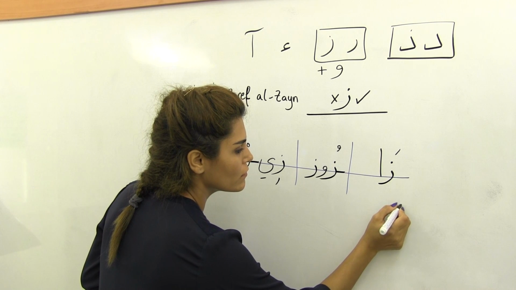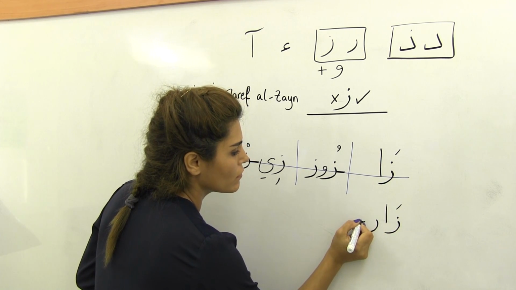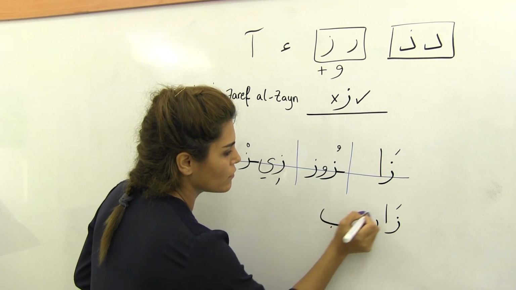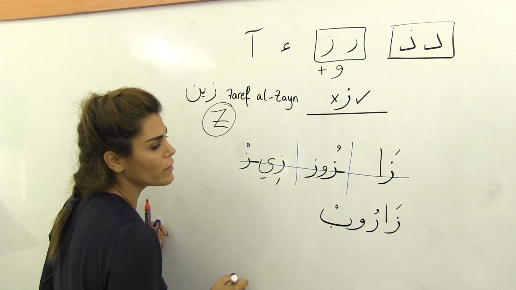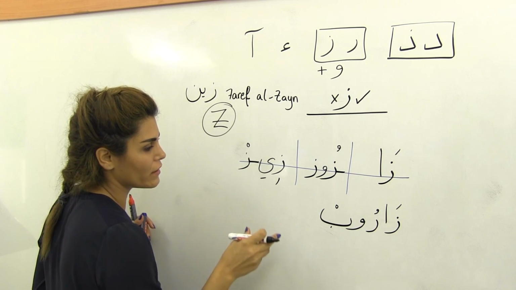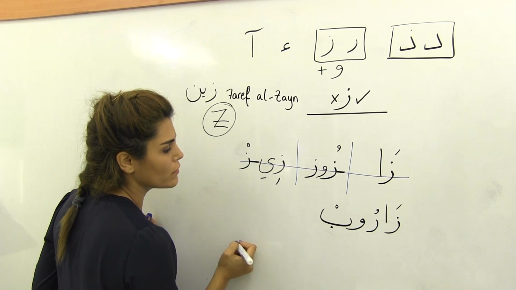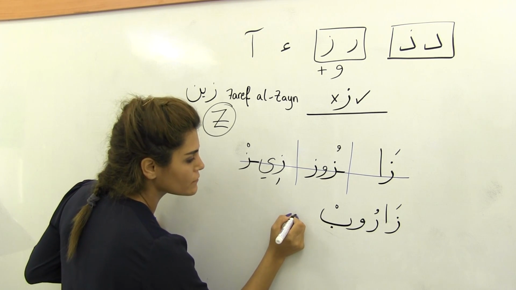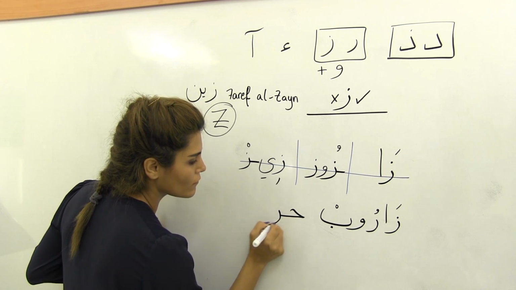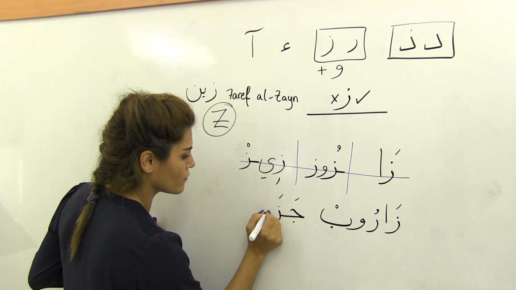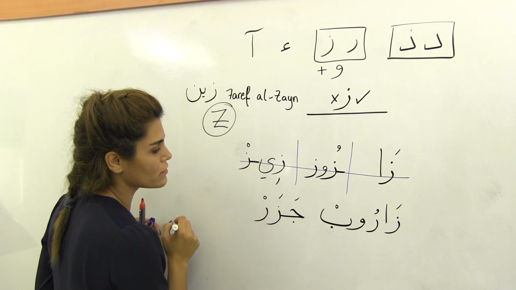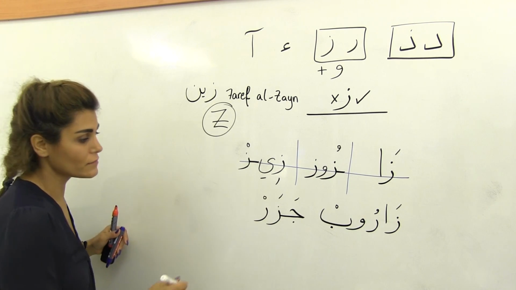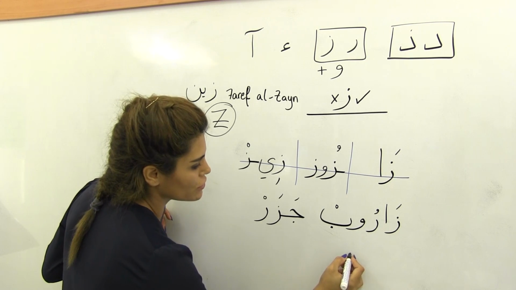Example. Zarub, alley, alleyway. Jazar, carrot. This is a fun word I'm going to teach you right now.